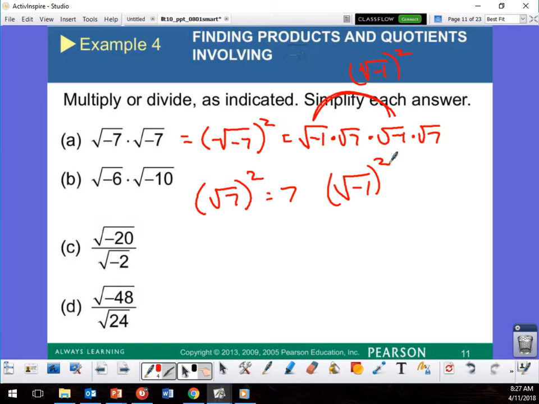The radical will go away, right? And what's left over on the inside is going to be a negative 1. So now putting both these things together, because I'm doing each piece separately, all in all, I get negative 7 as my answer.